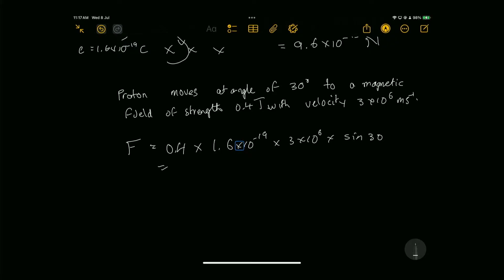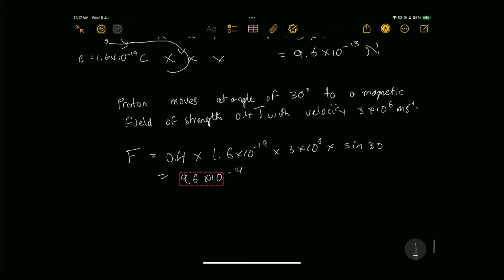Right, so this is equal to what? 9.6 by 10 to the negative 14 newtons, right? So always make sure to write your units as well.